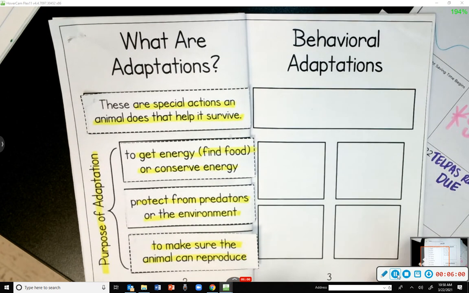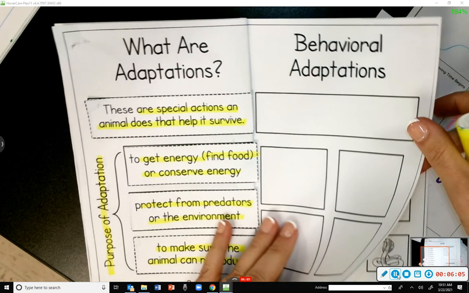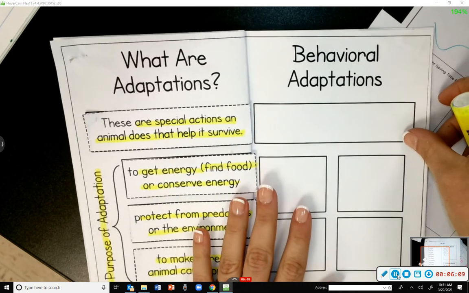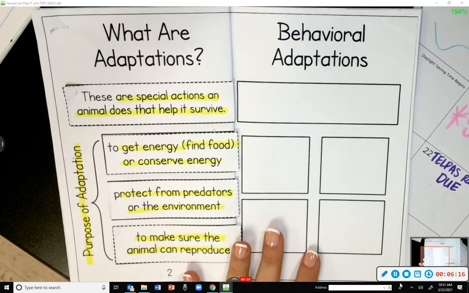Now, there's two types of adaptations. There's behavioral and there's physical. Physical is on the next page. So let's talk about behavioral. That has to do with your behavior, how you act, how the animals behave. Okay?